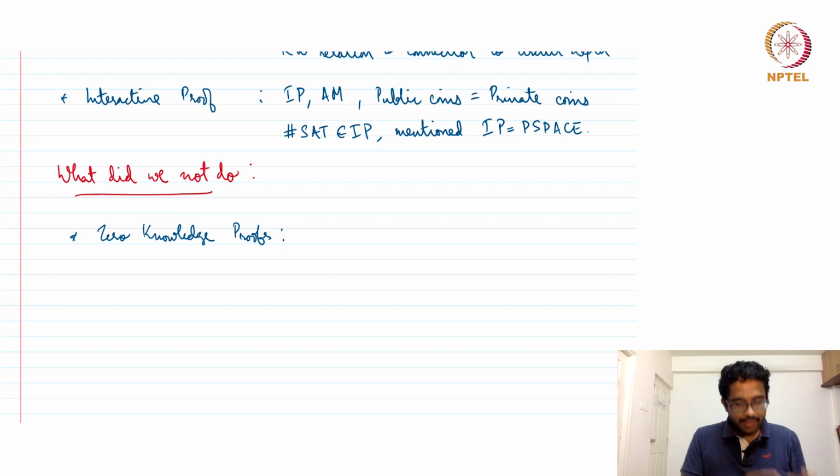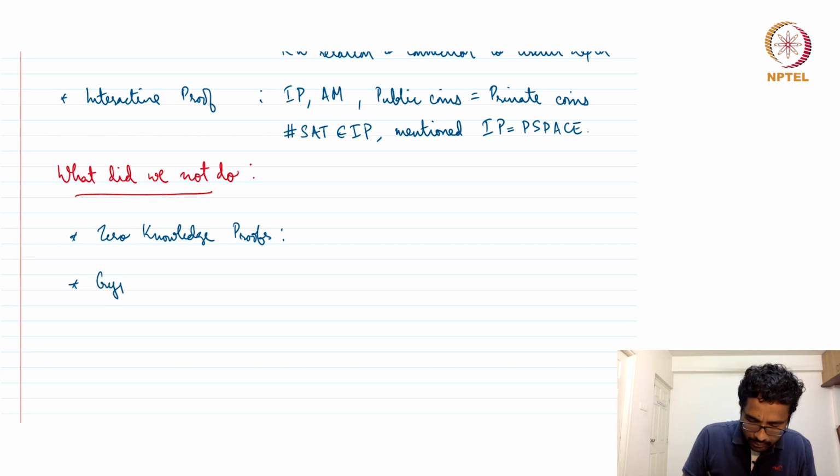This seems like a very strange thing to say, because if I want to convince you that some statement is true, but I don't want to give you any more information, how is it possible, right? Because the statement that X is true will usually have a proof. But I want to convince you that the statement is true without giving you any more information. So how do I prove it without giving any more proof? This is an area of zero knowledge proofs, which is very interesting, right?